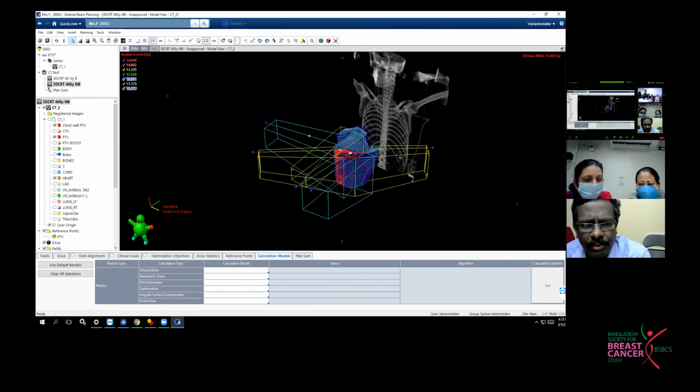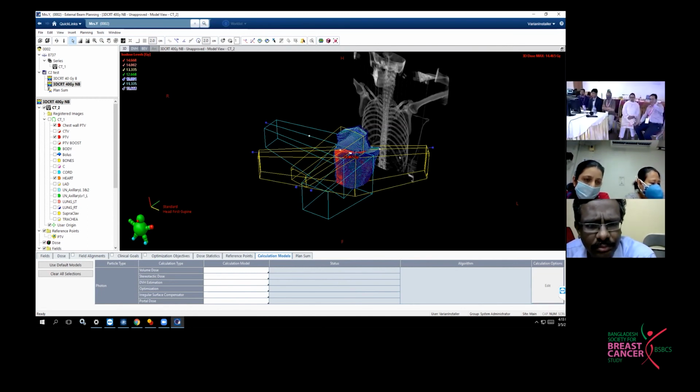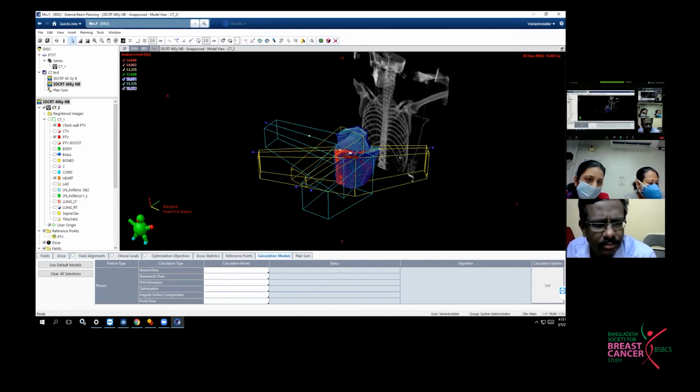So the first thing when I start with plan evaluation is whether our target volumes are correct. You have to go back and review the clinical details, specifically the indication as well as the target volumes.